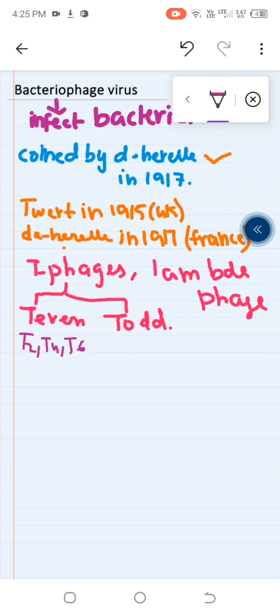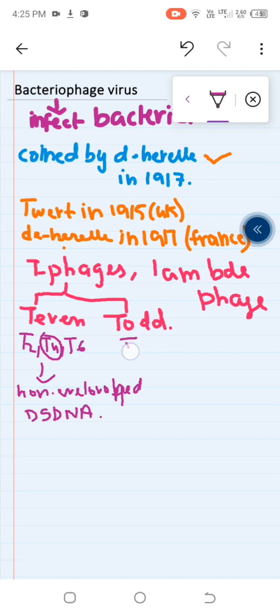These are non-enveloped, double-stranded DNA viruses. And the odd phages are T3, T1, T7.